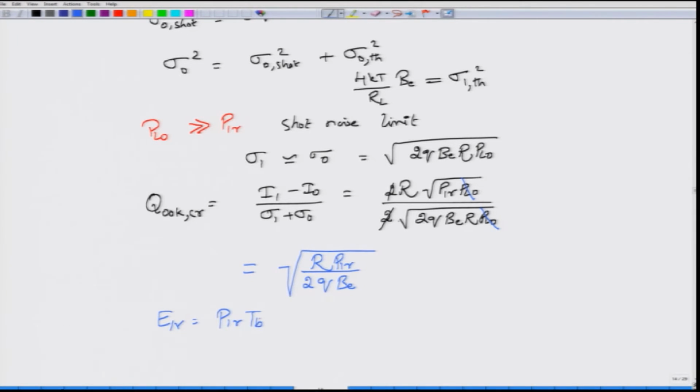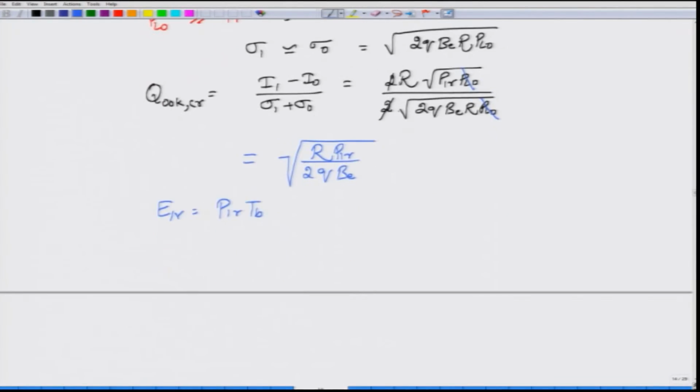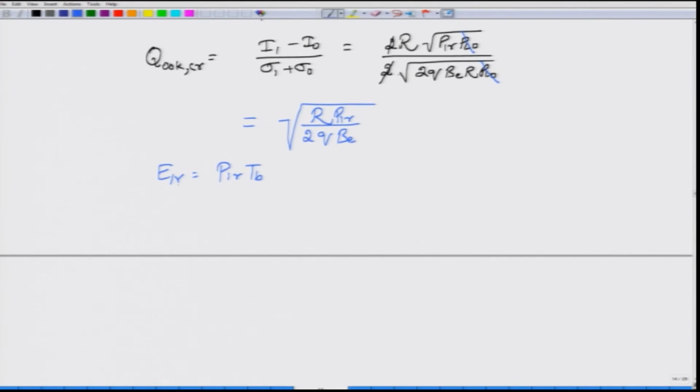Of course, energy being power into time, so I had confused it a little bit earlier. So you can write down the energy as the number of photons that you are going to receive times h nu. This allows you to write P1R as number of photons that you received times h nu divided by TB. You can substitute that equation into this one. Also substitute R is equal to eta q by h nu and simplify the relationships.